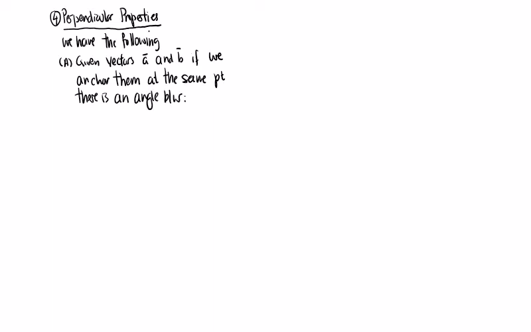So for example, just visually, if I have, say, A right here and B right here, then there's an angle formed between those right here. So theta, let's call that.